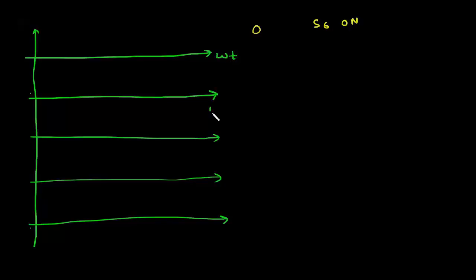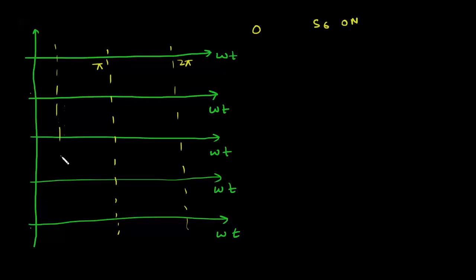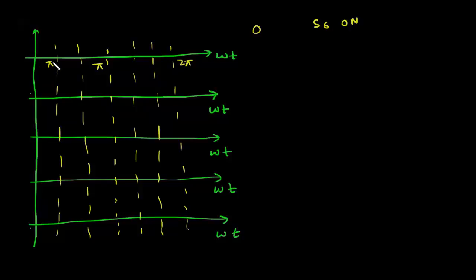So this is time axis omega t. These vertical lines are at 60-degree interval: 2 pi by 3, 4 pi by 3 and 5 pi by 3.